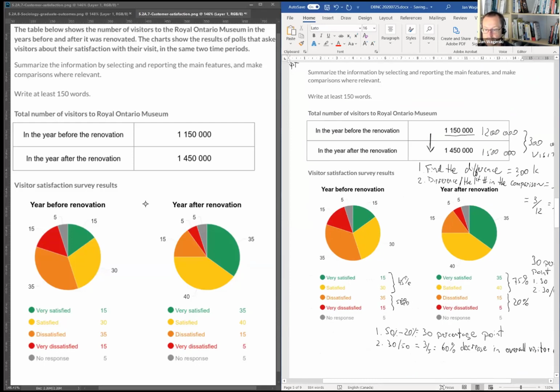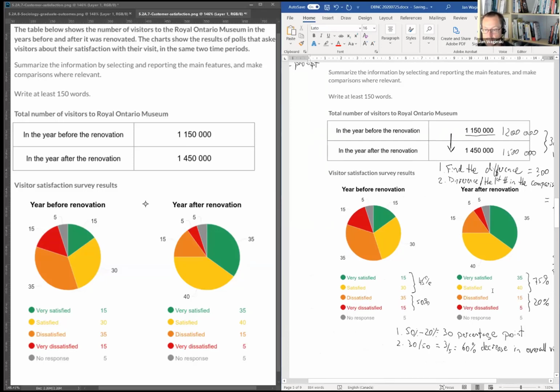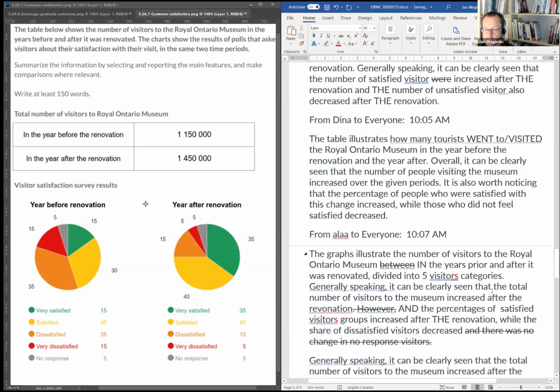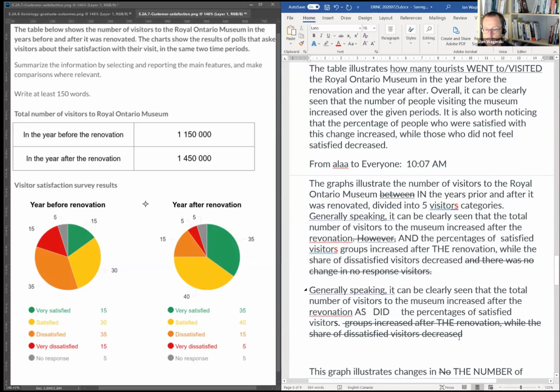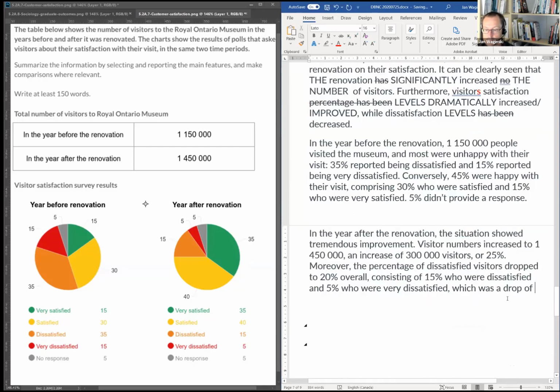Dissatisfied was 50 down to 20, right? 60% in overall visitor dissatisfaction. Okay, maybe one more sentence.